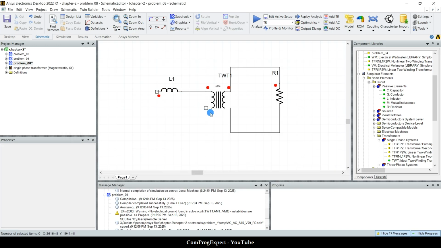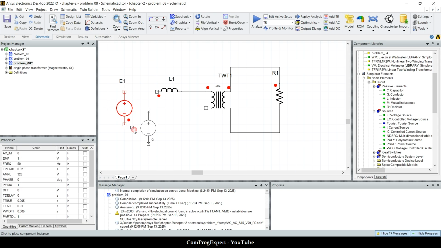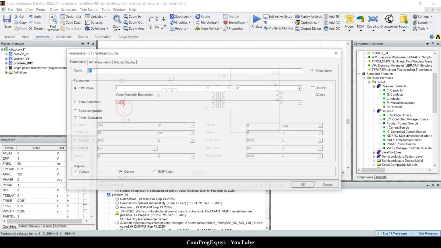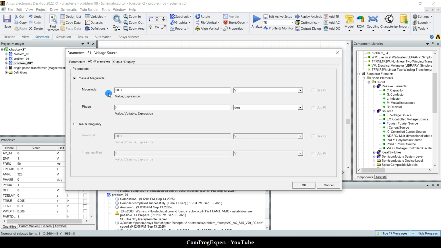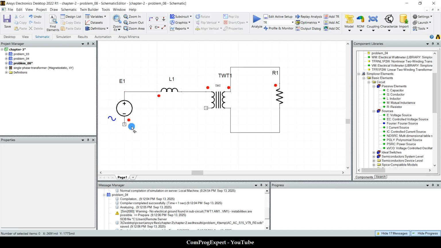And finally, the voltage of the generator is equal to a time controlled sine. The RMS value is 100. Okay, and let's add this ground.